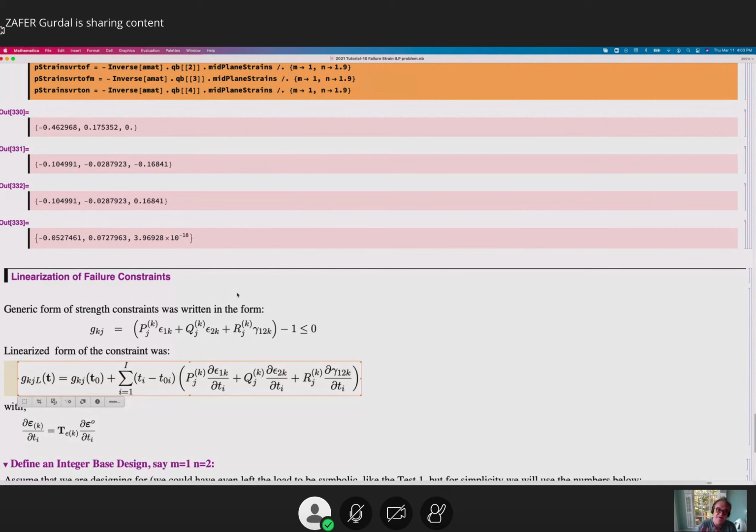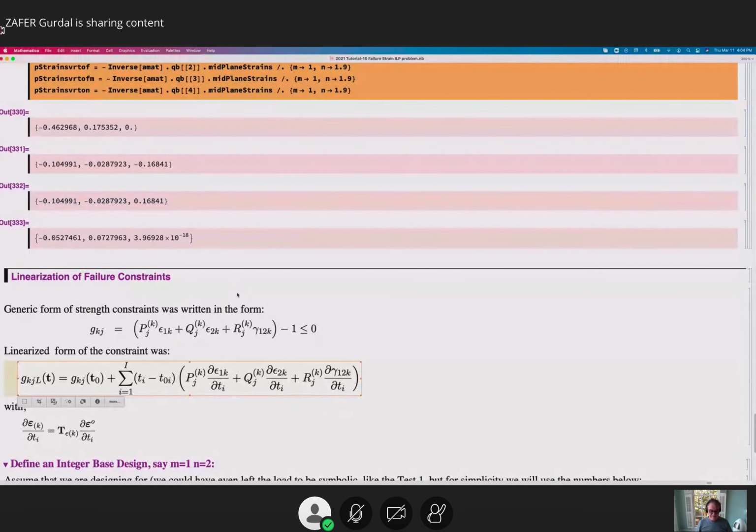Or you can implement integer linear programming at every iteration and always jump from one integer value to another, and then relinearize the problem. What I would like you to see at the end is whether these two different approaches are going to give you the same result or a different result.